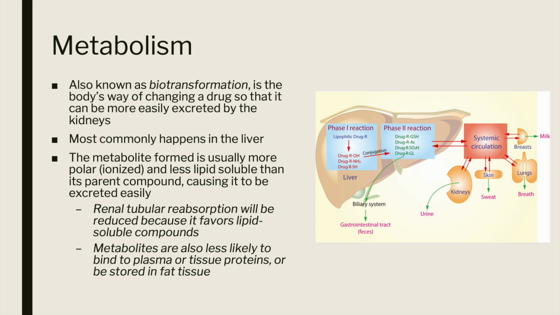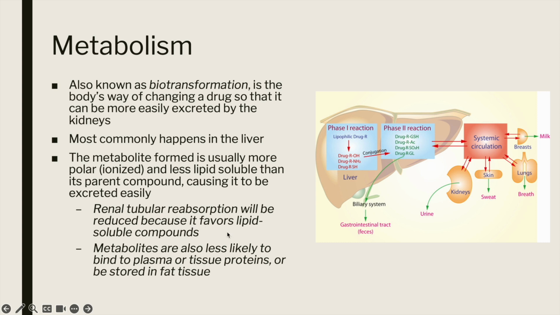Okay. So remember, the ionized form is less lipid soluble, so it's not going to want to be reabsorbed through those lipid membranes, so it's more easily excreted. Renal tubular reabsorption is reduced because renal tubular just means the kidney tubules.